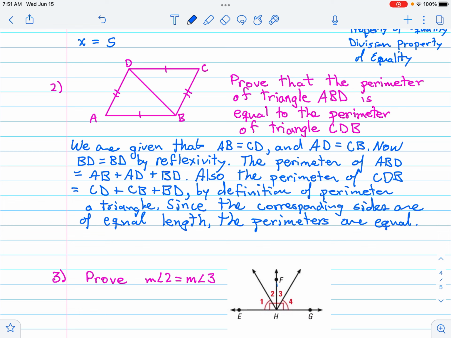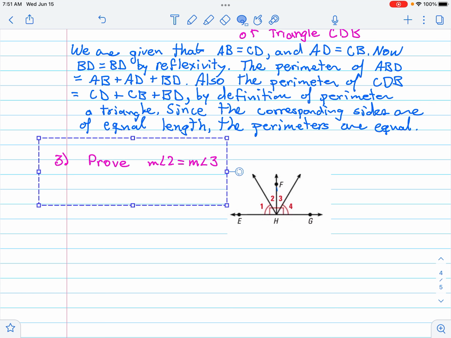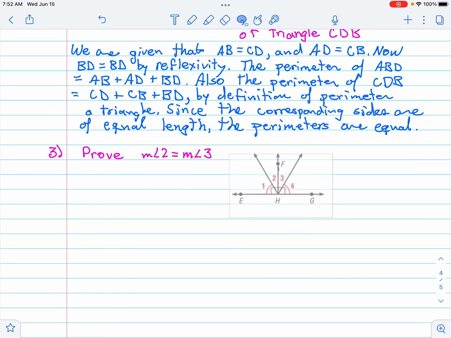And that's what we wanted to show. So you're just wording things. You're just writing out, just thinking out loud, really. Now let's look at this other one. Let me move it up here, move it up a little bit.